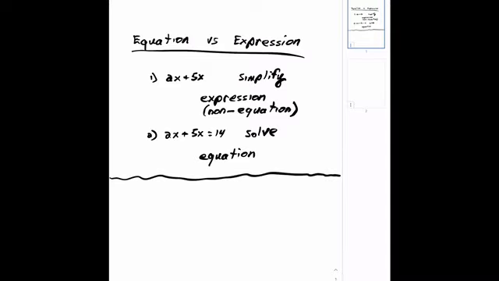The second set of definitions is: what's a term versus what's a factor? What's a term? A term is something that is added or subtracted.